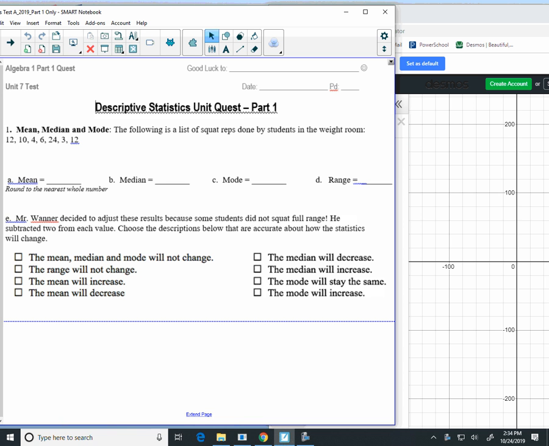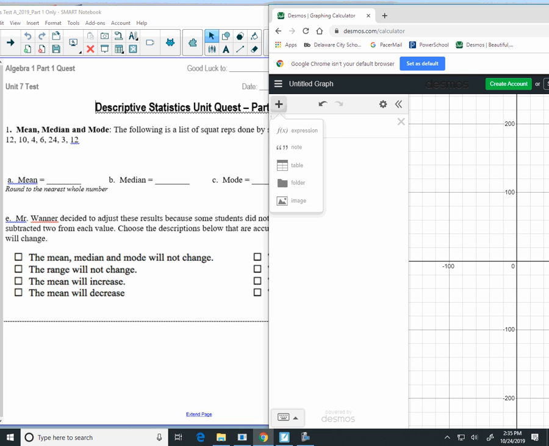If you're not matching the answers, I really suggest that you use Desmos because it takes a lot of the work out of it. So we have the following is a list of squat reps done by students in the weight room, and we have a list of values. In order to put this into Desmos, remember this is the only time we're going to use that plus and a table.